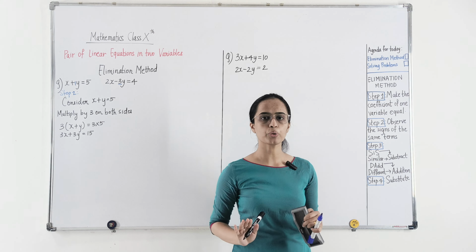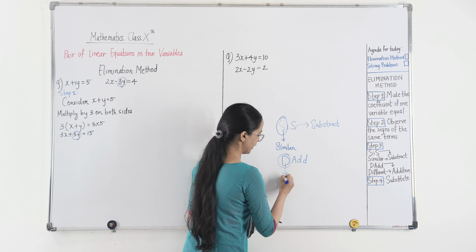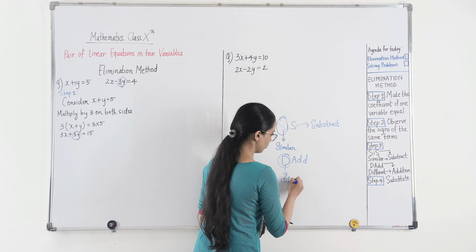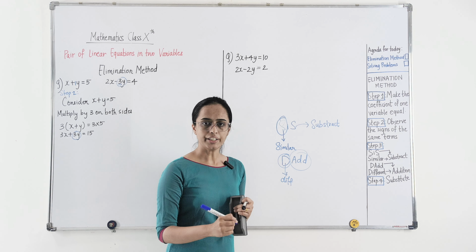That is why the short form SIS. So if the signs are the same, you are going to subtract, and if the signs are different, then you are going to add.